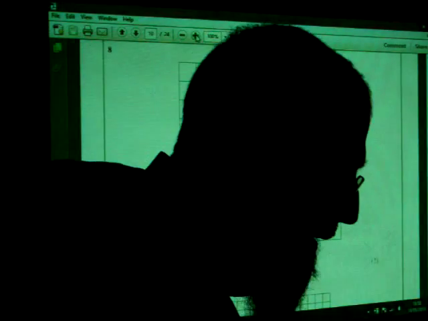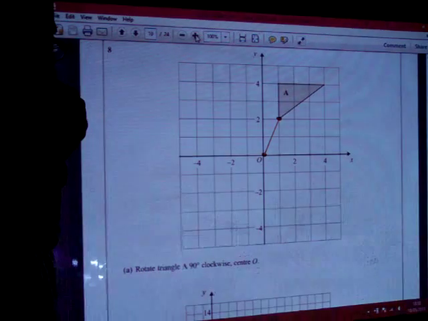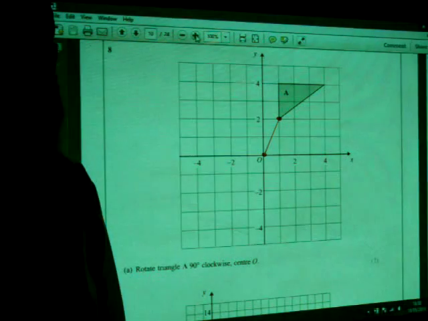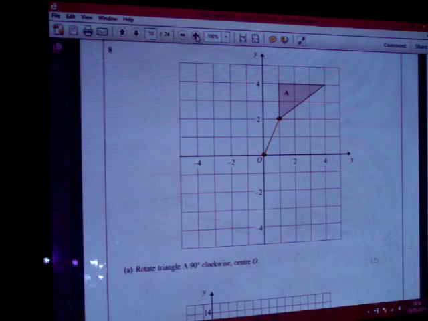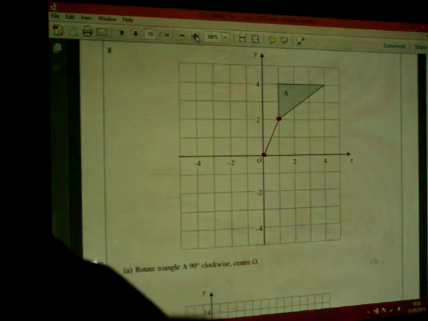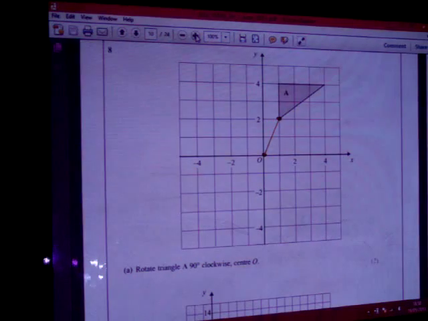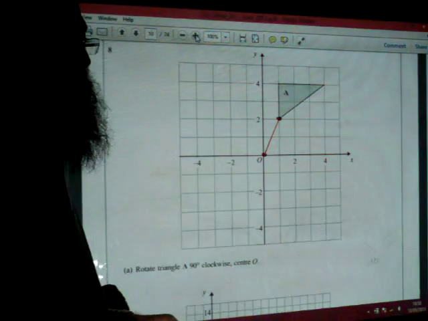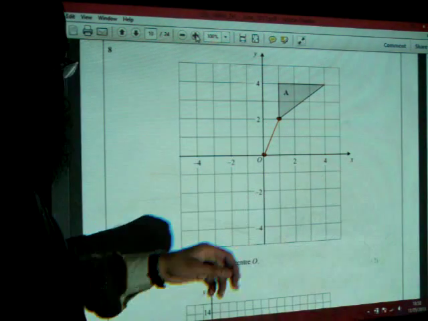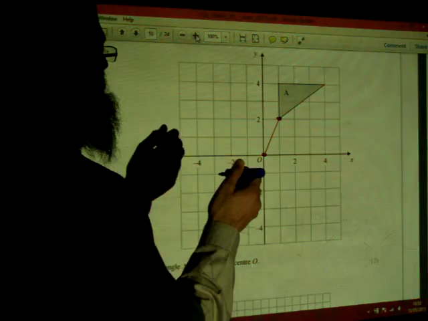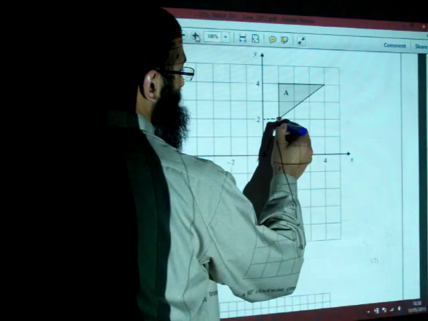Now, it wants you to rotate the shape through 90 degrees clockwise. Pass me the protractor. Does anybody know where 90 degrees clockwise is? One easy way of doing it is to think of a little rectangle here.